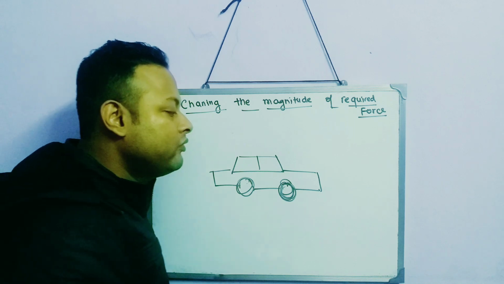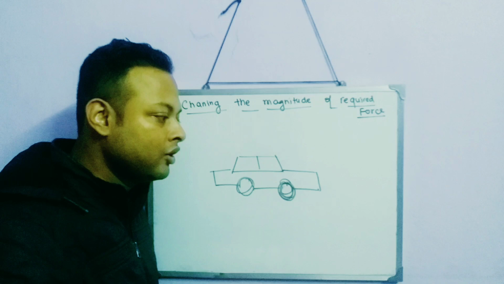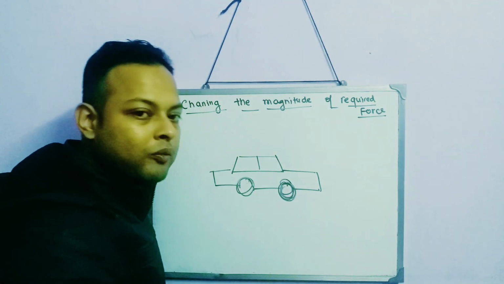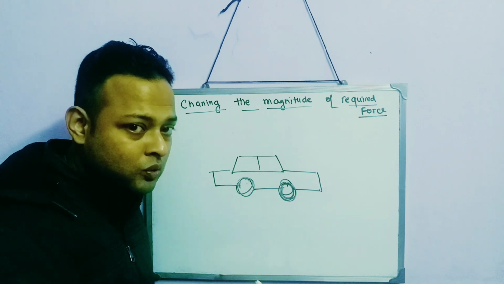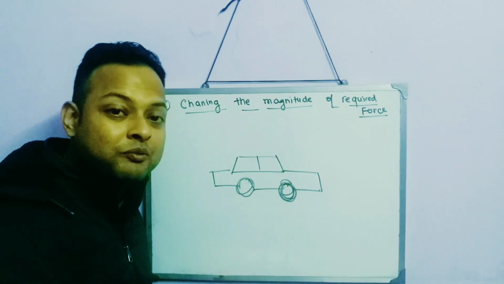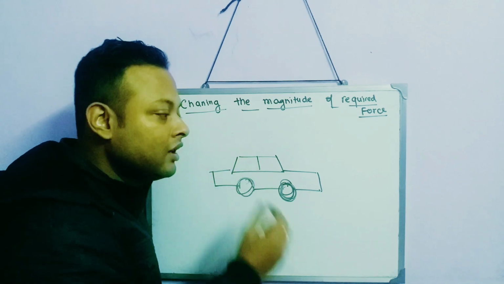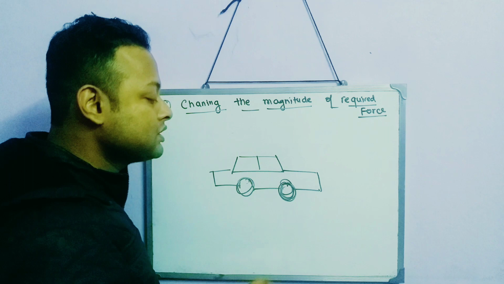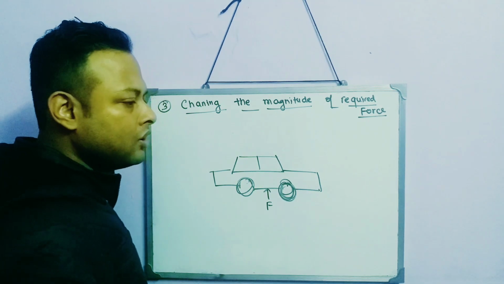We need to lift this car up, take out this tire, take a new tire, put it back and drop the car. Saying it is quite easy, but it is not that easy, because the main problem is how to lift the car. If we do not lift the car, it is not possible for us to take this tire out. So one needs to lift the car by applying a force.